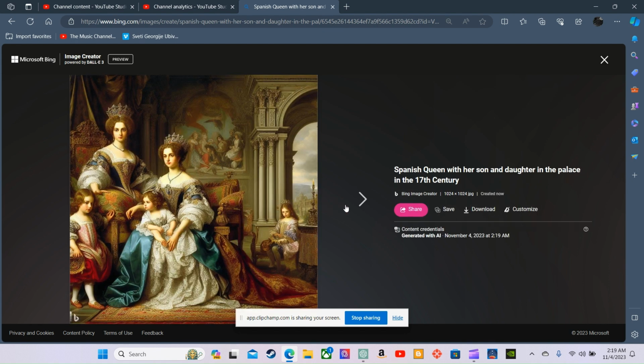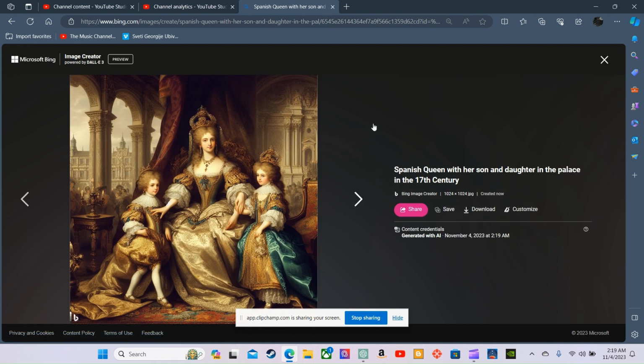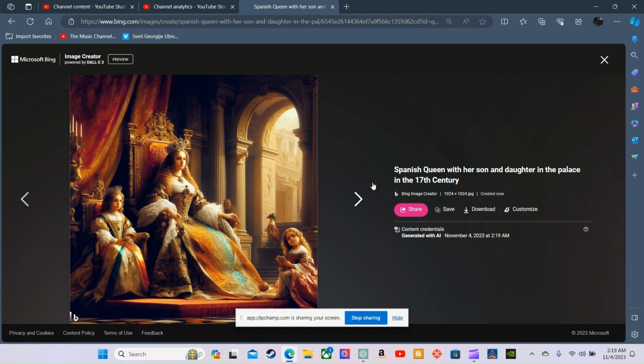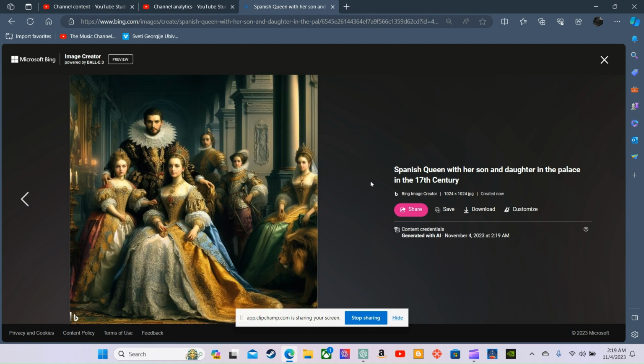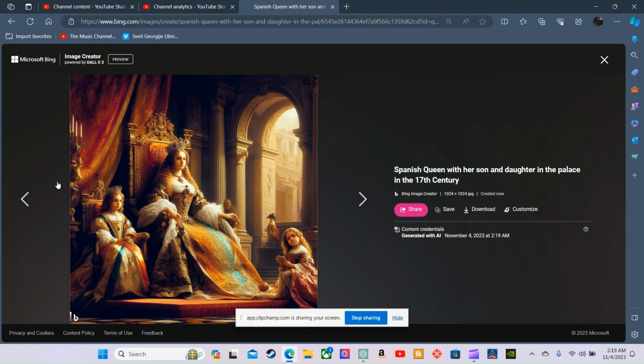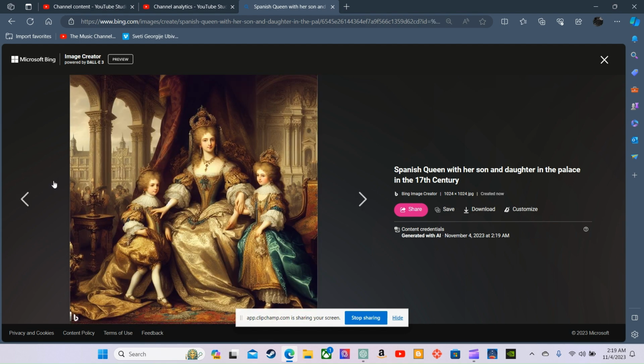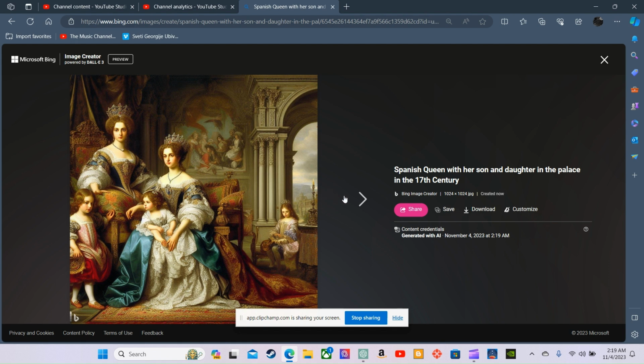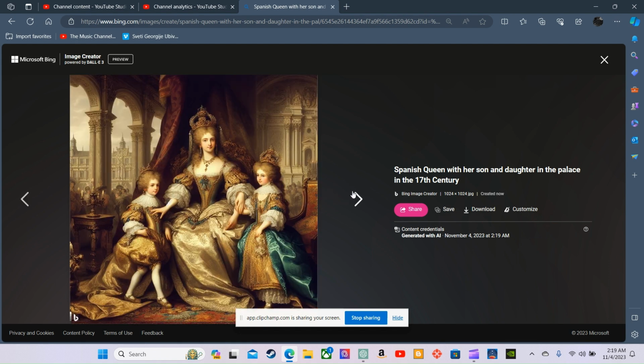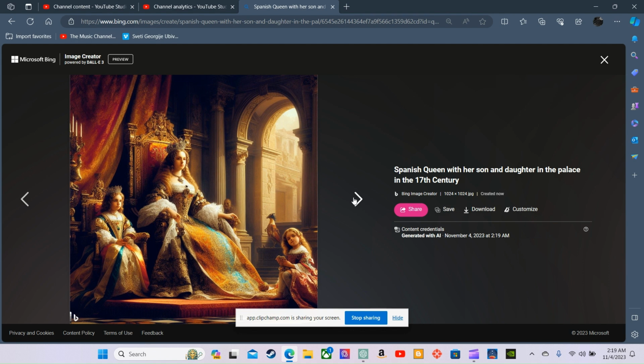So, as I've stated before, it is one of these things where the historical clothing is right and sometimes it's not. Sometimes the arms are out of place, and, what the heck is this here? I mean, it's kind of weird and messed up.